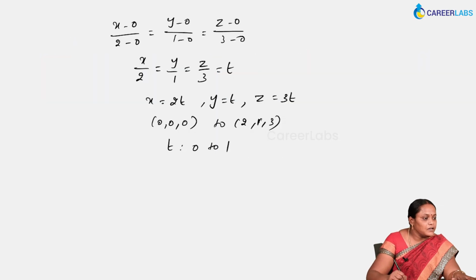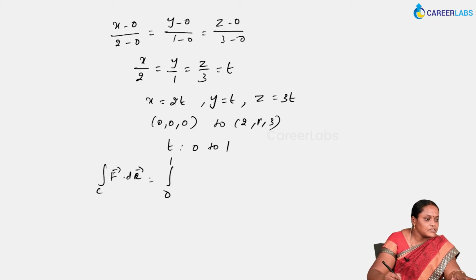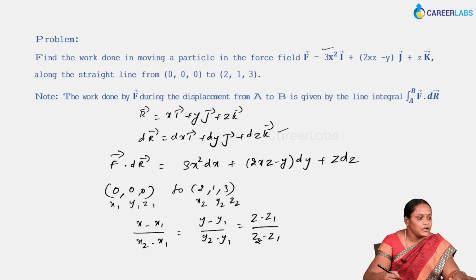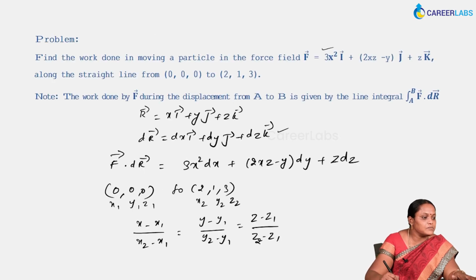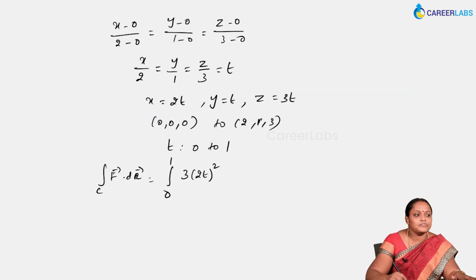So, integral of F vector dot dr vector will be written as integral 0 to 1, where everything we are going to convert in terms of t. So, this is equivalent to 3x squared, that is 3 times (2t) the whole squared, and dx means you are going to differentiate this term. When you differentiate, dx will be equivalent to 2 dt.